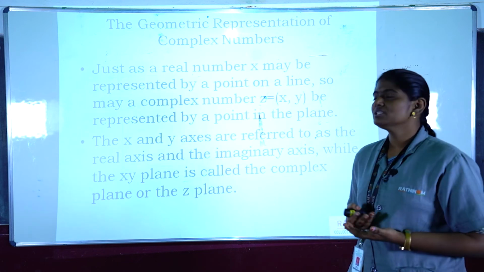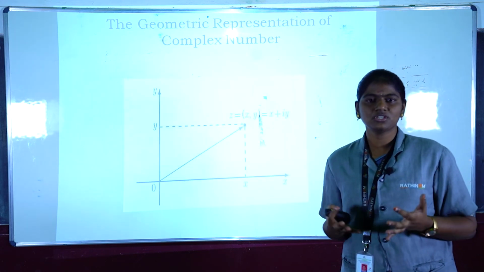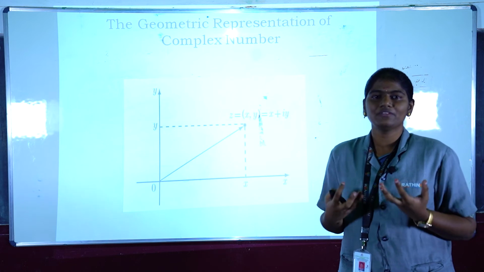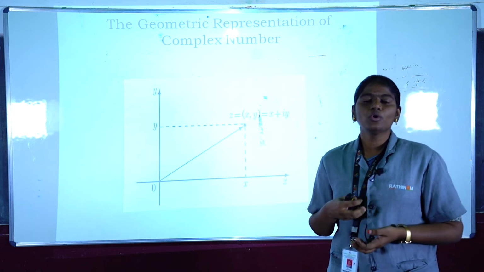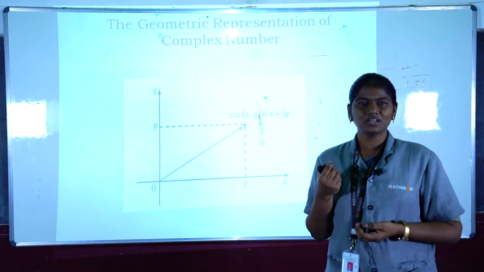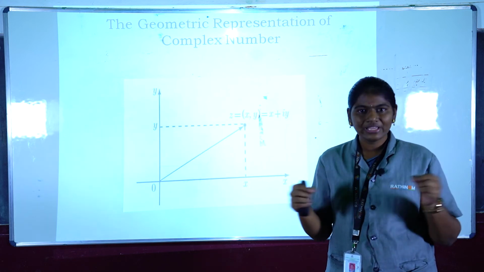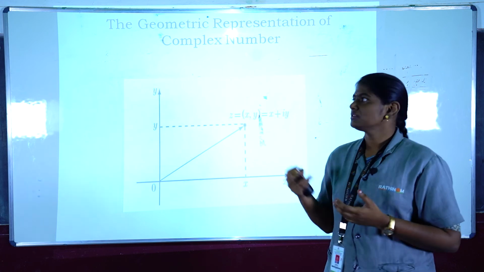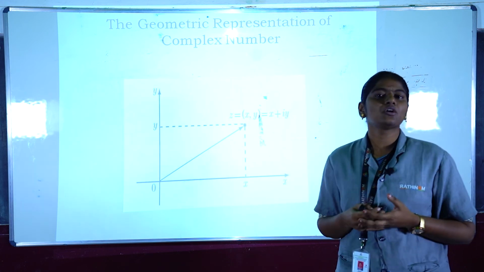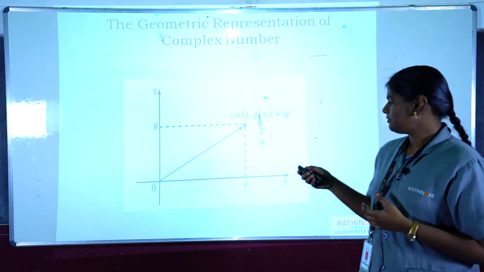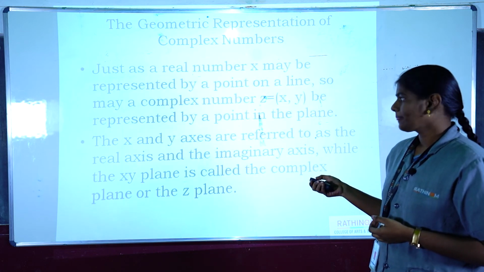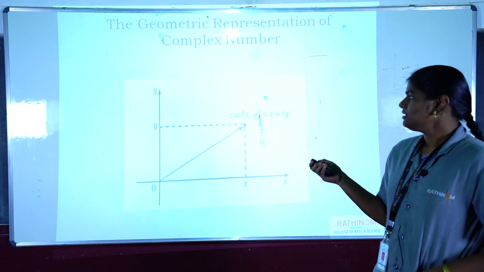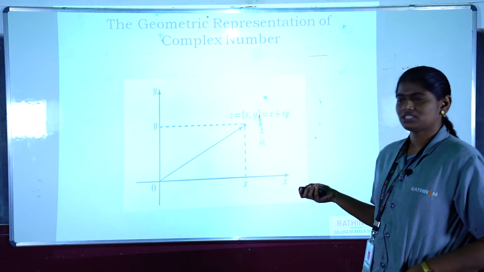The next one is the geometrical representation of a complex number. How can we represent a complex number in a geometrical plane? Usually we denote a real number on a real line, right? But we will represent a complex number in two dimensions, in a plane with two axes.